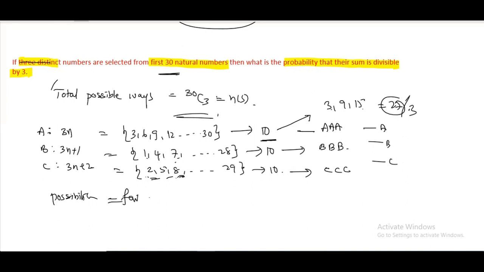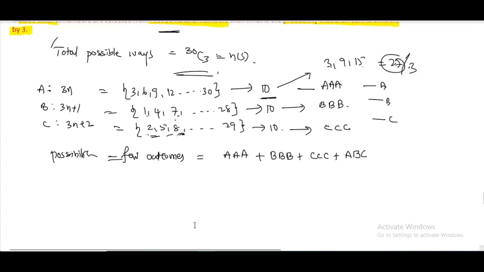I can select all three from A, or all from B, or all from C, or one from A, one from B, one from C. So I can select all three numbers from A in 10C3 ways, or from B 10C3, or from C 10C3, or 10C1 from A, into 10C1 from B, 10C1 from C. So these are the favorable outcomes.